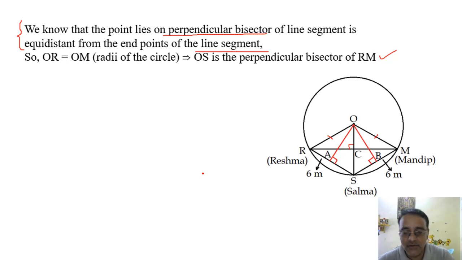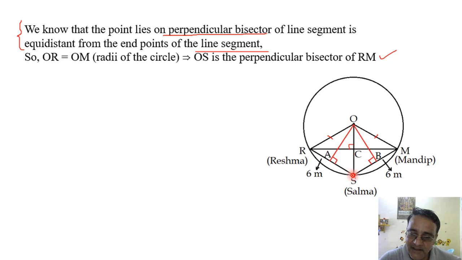Okay, fine. So we can calculate in two ways. See, with reference to this altitude OA, the base is RS. ध्यान से देखो, with reference to altitude height OA, base is RS. Similarly, with reference to RC altitude, the base is OS.